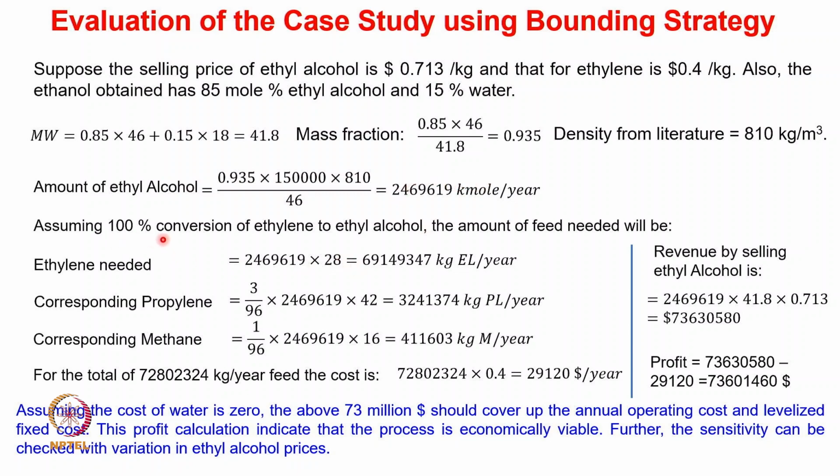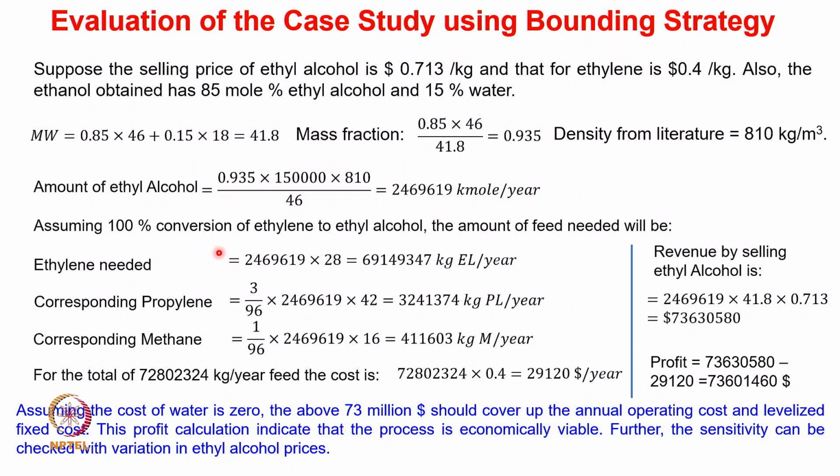Again, if we assume that this ethyl alcohol is obtained after 100% conversion of ethylene, we want to find out how much ethylene is required. So this many moles are required for the ethyl alcohol.